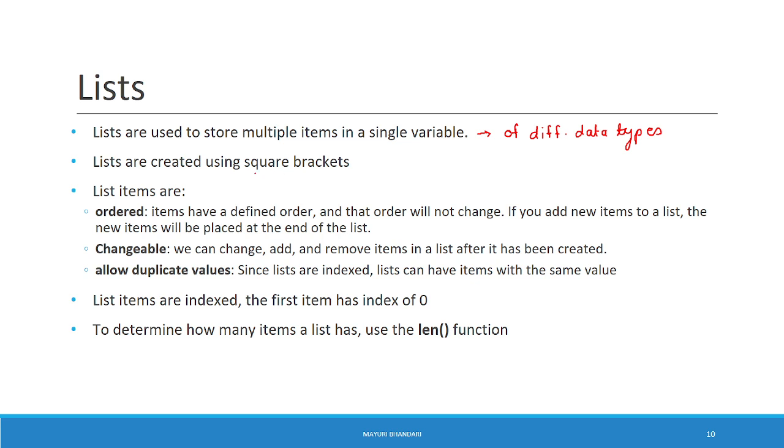Then next, it is created using square brackets. Now three important properties of list are: it is ordered, it is changeable, and it allows duplicate values. We will see them one by one.